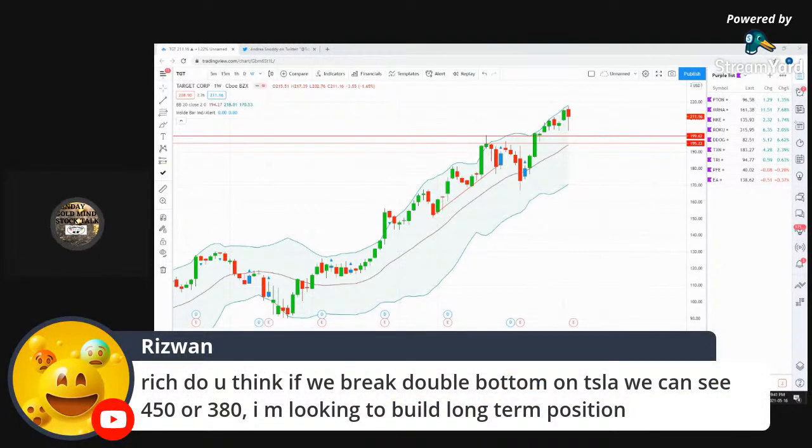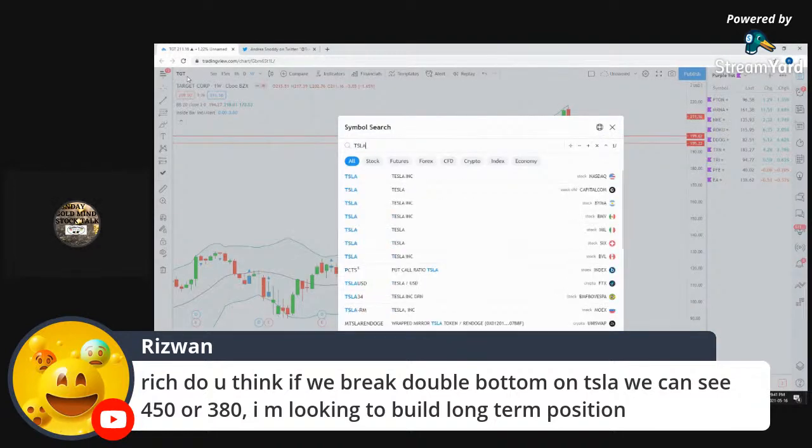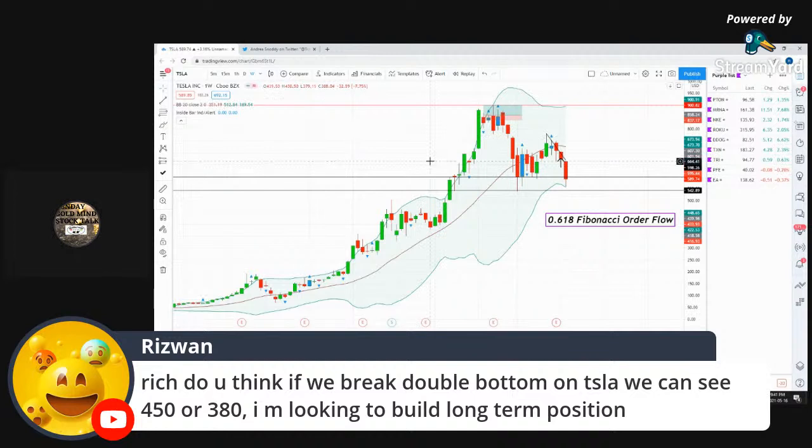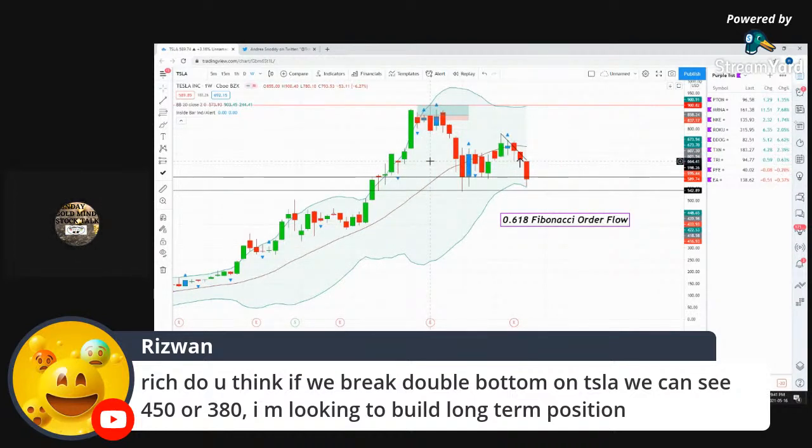Rich, do you think if we break the double bottom on Tesla, we can see 453? I'm looking to build a long-term position. So Rizwan, that's a good question. Maybe some of you guys are looking to invest instead of trade or swing. If you're going to invest in something, the first thing you need to define is your holding horizon. Are you holding it for 5 years, 10 years, 15 years, 20 years, 6 months?